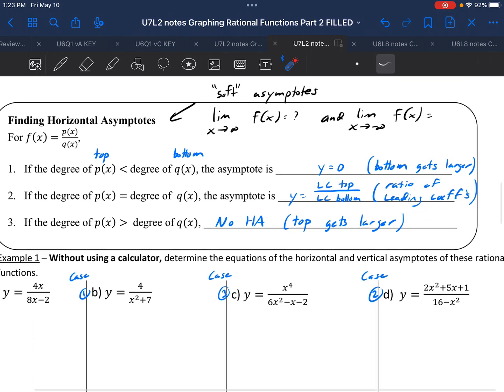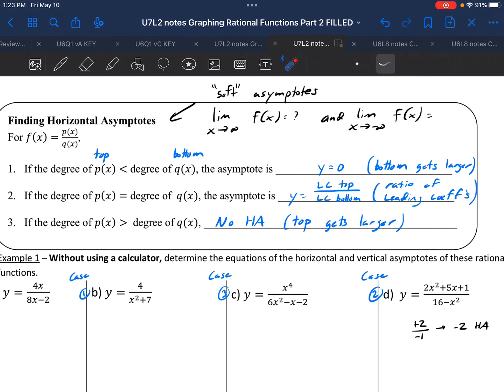An example of that is here, case D. If we look, we have a second degree term here and we have a second degree term here. And so if we look at the leading coefficients of this one, we get positive 2 over negative 1. And so positive 2 divided by negative 1 is negative 2. This is going to be the horizontal asymptote of that graph. So that's the second case.